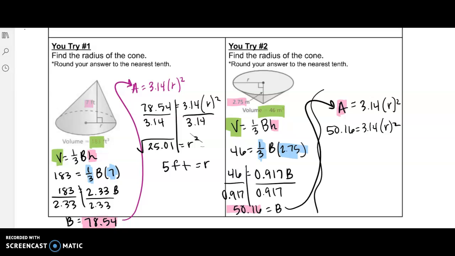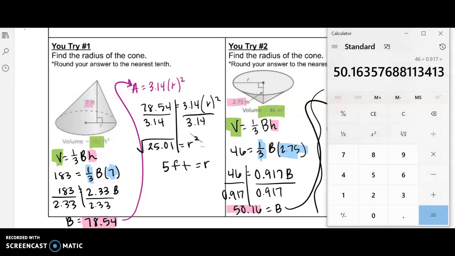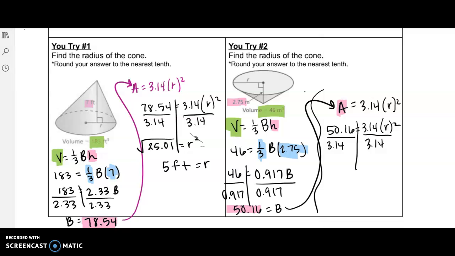Now we are going to divide by 3.14 on both sides. So 50.16 divided by 3.14 is about 15.97 equals our radius squared. To get rid of that squared and just make it r, we're going to take the square root of that number.